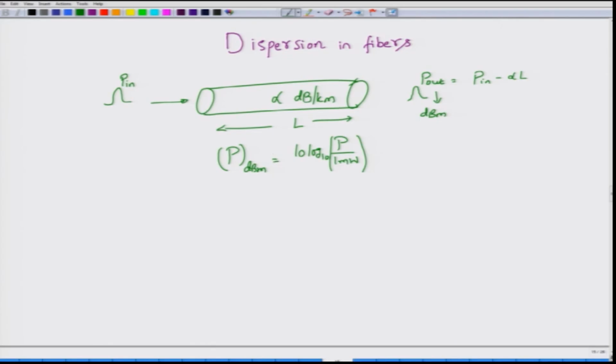This is called dBm units, and all powers in optical communication systems are typically measured on the dBm scale.